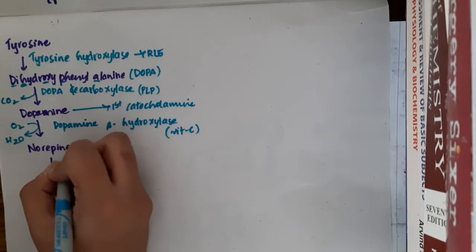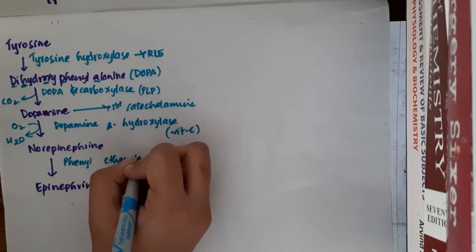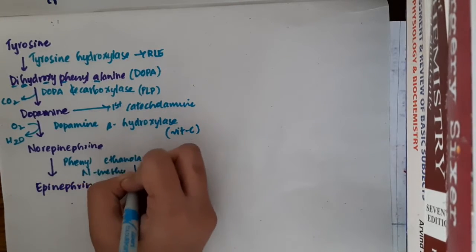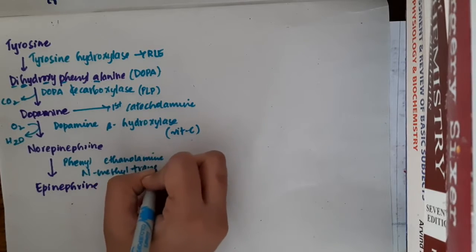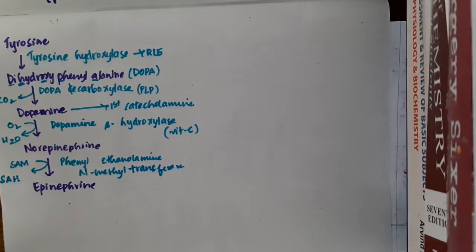Norepinephrine, in the presence of the enzyme phenylethanolamine N-methyltransferase, forms epinephrine. Now, during this process, S-adenosyl-methionine gets converted to S-adenosyl homocysteine. Right.